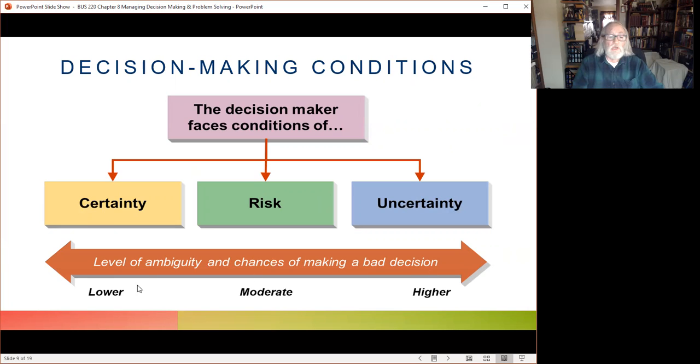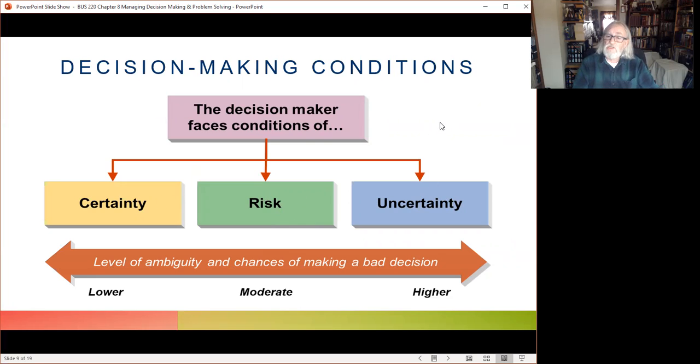As you can see, the chances of making a bad decision are higher when we go toward uncertainty, and we almost can make the best decision every time if we had perfect certainty. And so the level of ambiguity also rises with the greater risk and the greater levels of uncertainty. So this is a continuum of environments that we might find ourselves in as a decision maker: certainty, risk, and uncertainty.